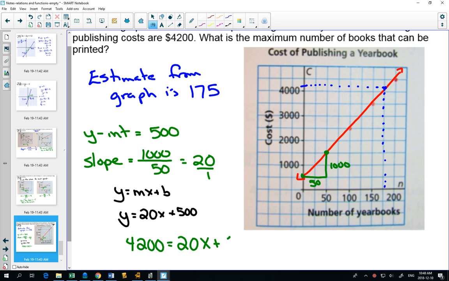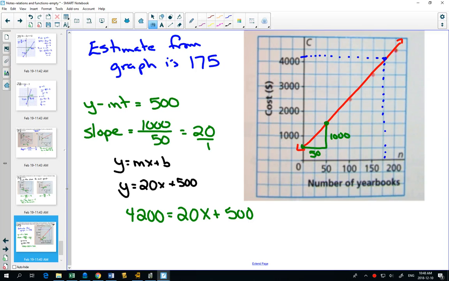You could plug that into the equation and then use your algebra skills. Can you get x by itself? So if we subtract 500 on both sides, we get 3,700 equals 20x.